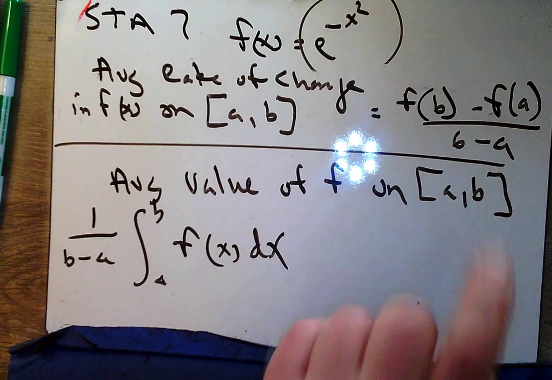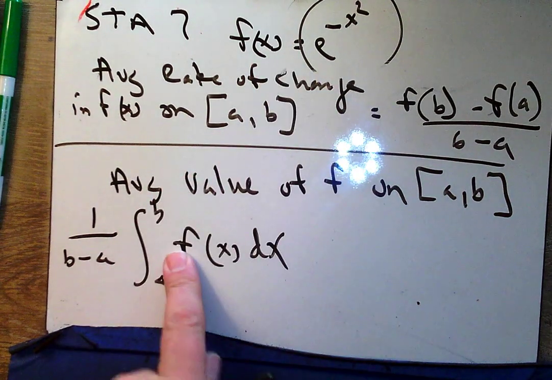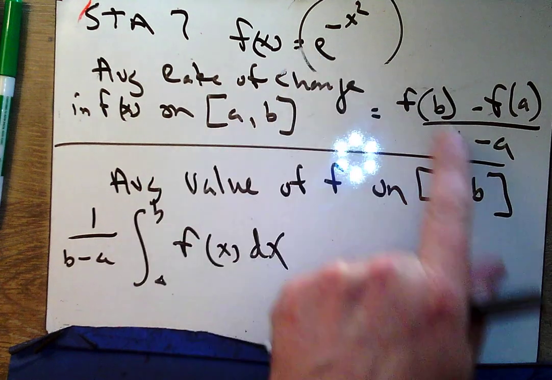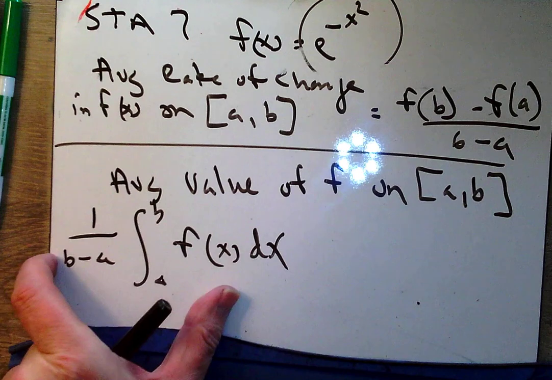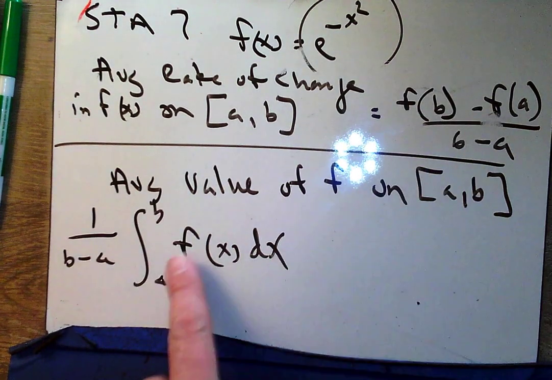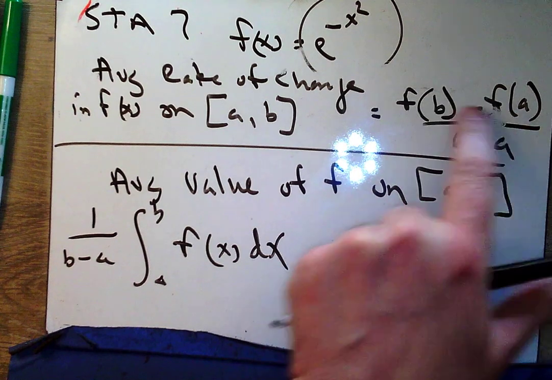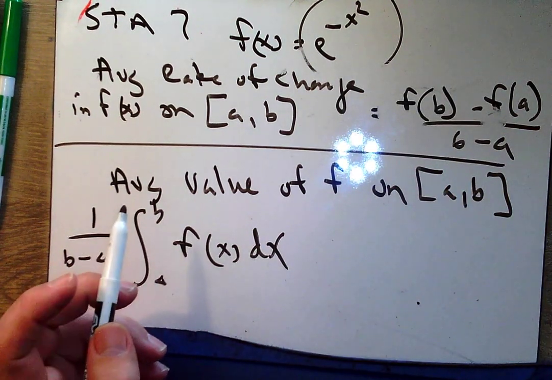Okay, this f is that function. This f is that function. But even though it looks like I should be able to set that equal to that, no, these need to be the antiderivative of this, not the same as this. So there's my average value formula.